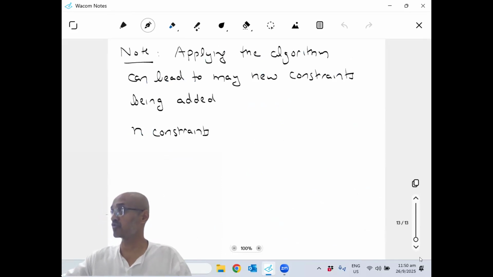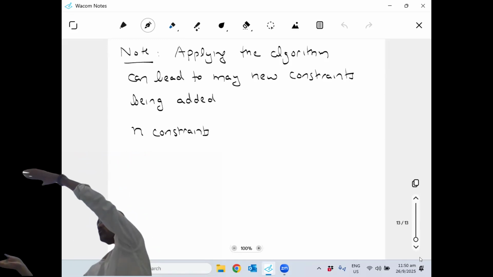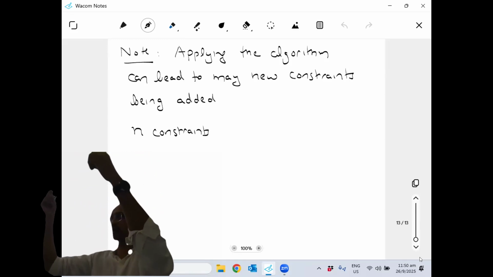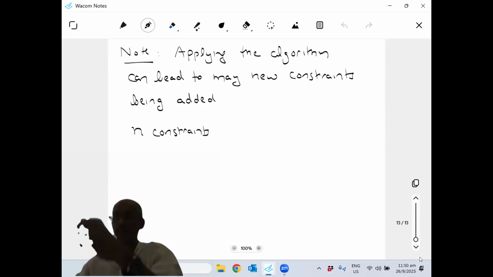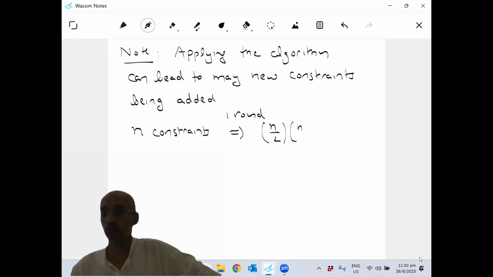So after one round of this algorithm, n by 2 constraints on this side, n by 2 constraints here. Every pair I have to take and create upper and lower bounds, which means that after one round, in the worst case, I will have n by 2 into n by 2, which is n squared by 4 constraints.